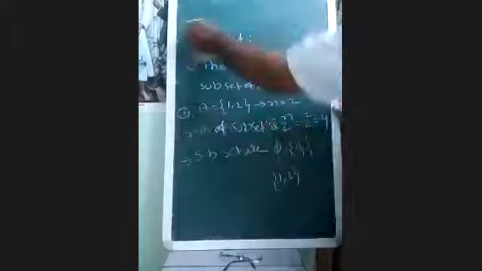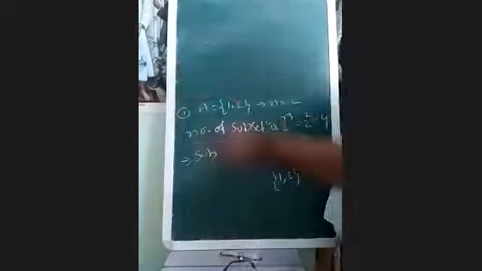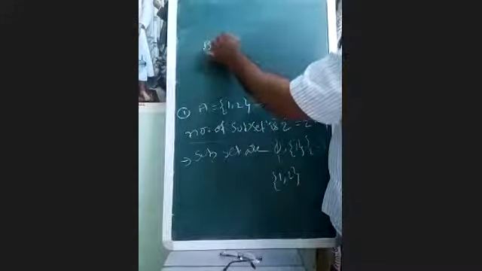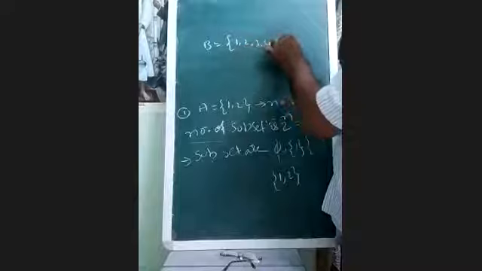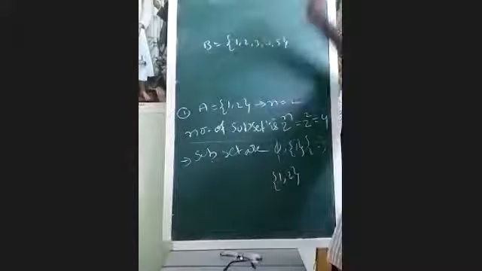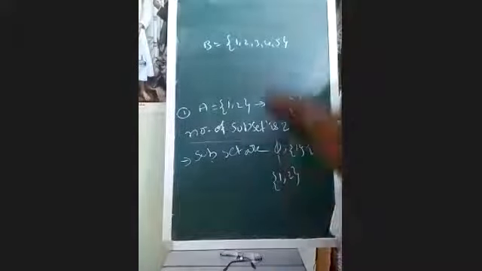Another example now. Let B is equal to the set {1, 2, 3, 4, 5}.